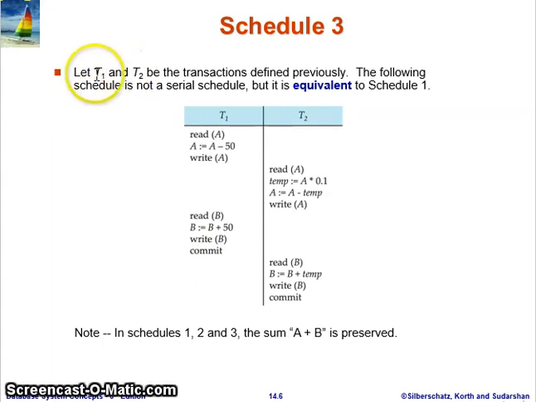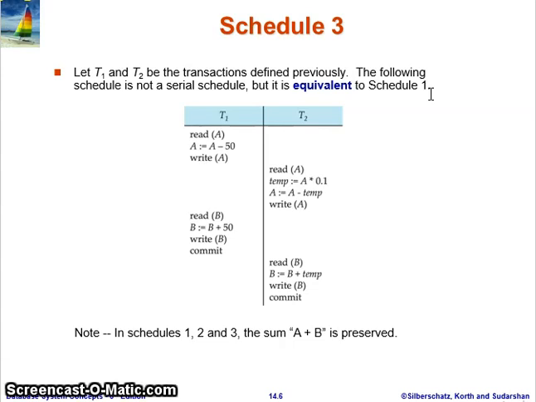Let T1 and T2 be the transactions defined previously, as we have seen. The following schedule is not a serial schedule because it's not executing one after another, but it is equivalent to schedule 1. What is equivalent to schedule 1?